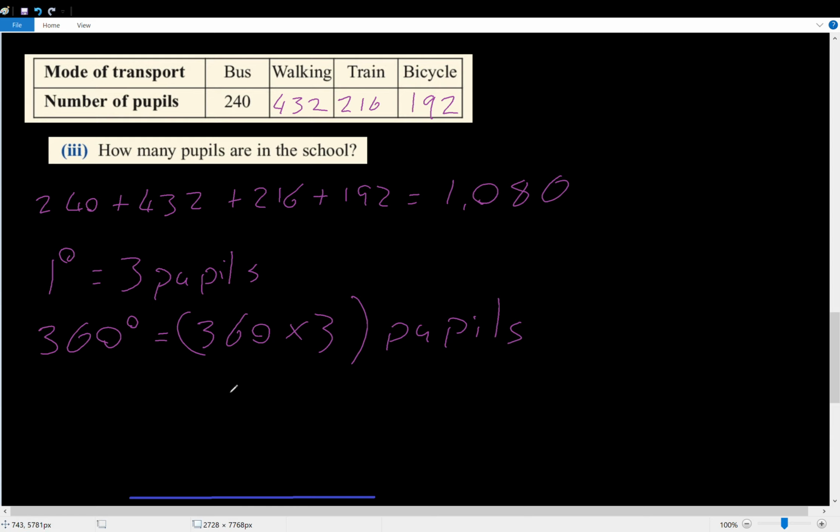Well, 360 times 3 is 1080, which is exactly what we got above, just a slightly different way that we could have gone about getting our answer if we wanted to. And that is that.